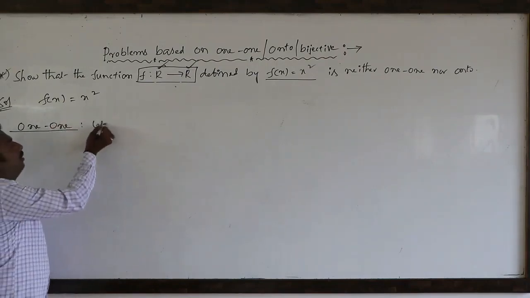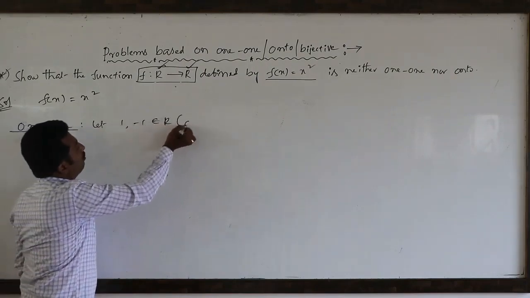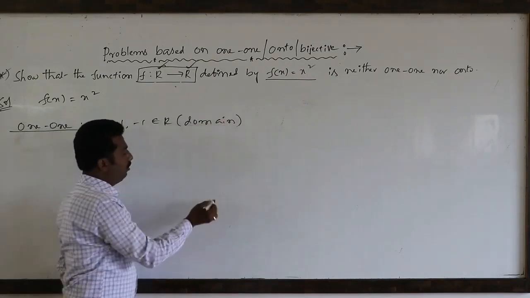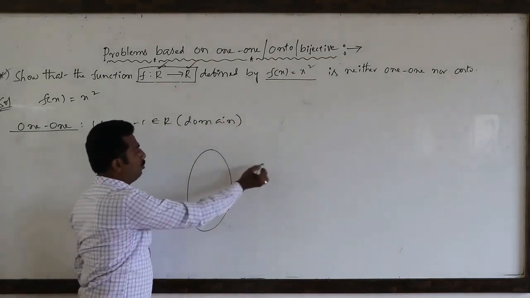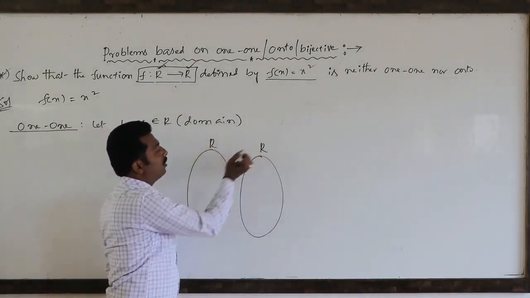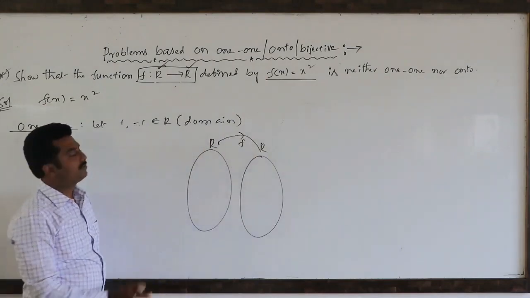Suppose 1 and minus 1 belong to the real numbers, taken from the domain. Through a Venn diagram it is very simple. This is real numbers to real numbers, one function is forming.